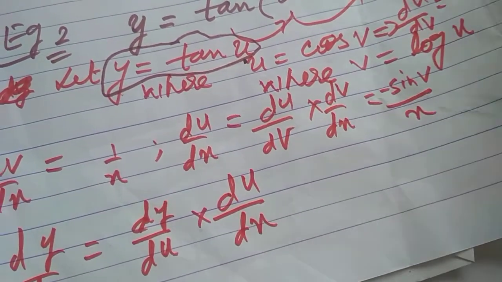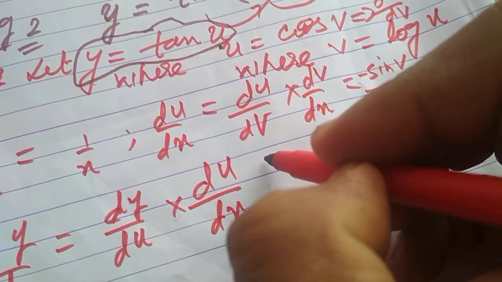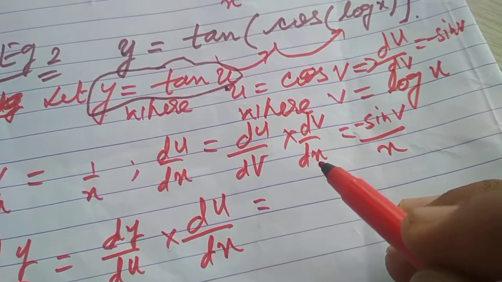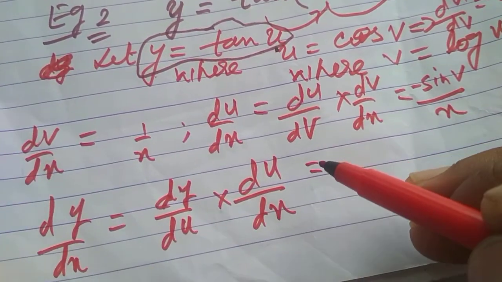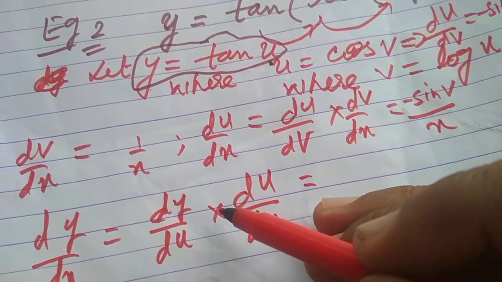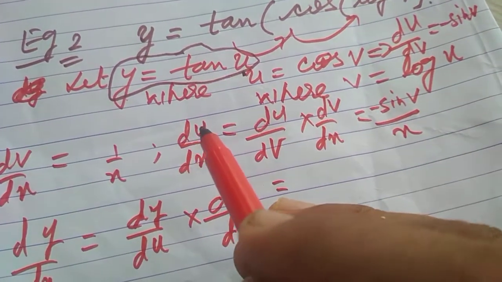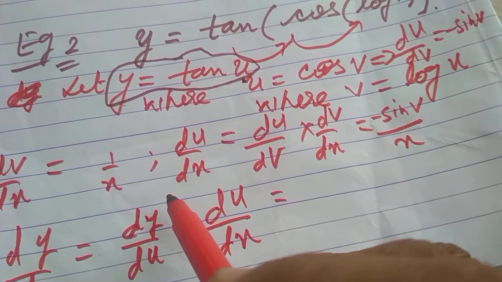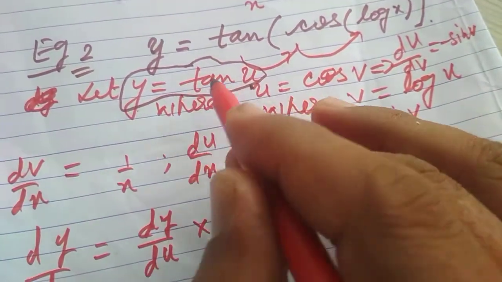Chain rule of differentiation. So now what is dy by du? Dy by du we have to find with the help of the derivative of tan u with respect to u, because y is equal to tan u.